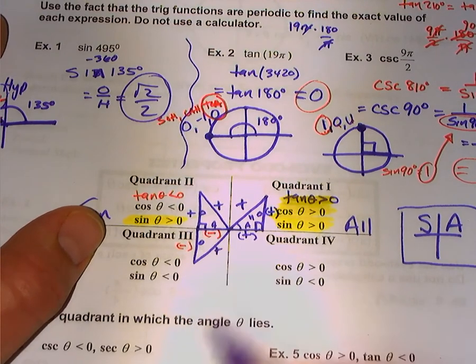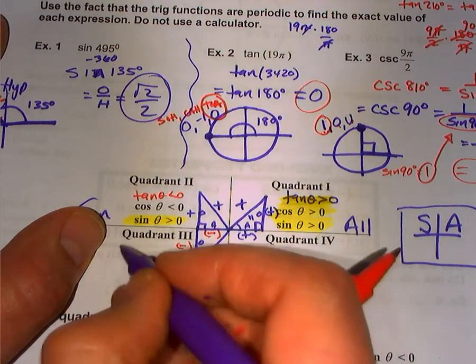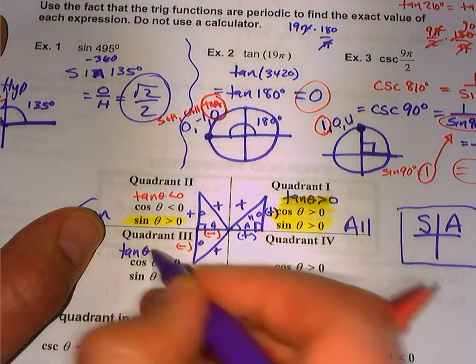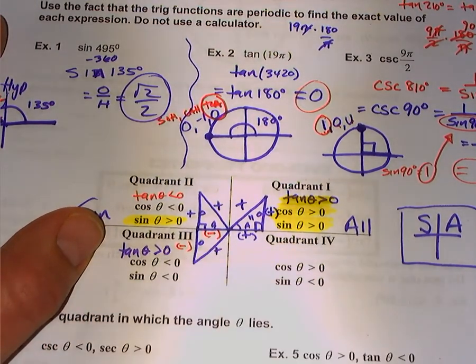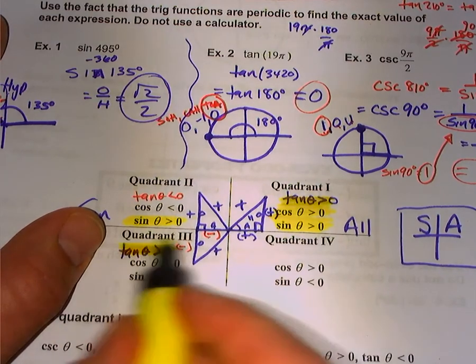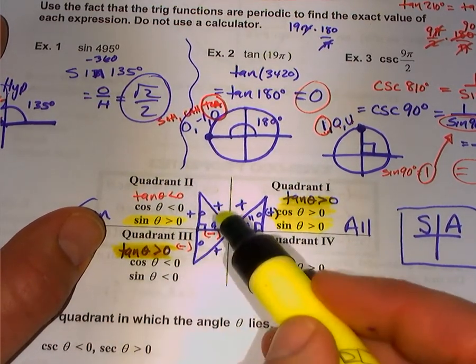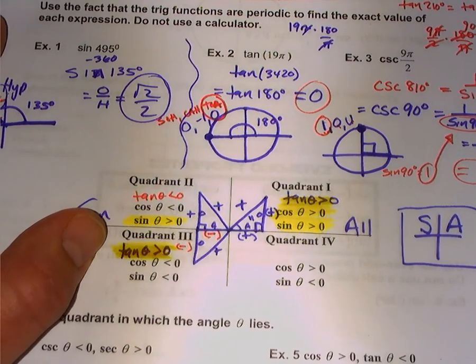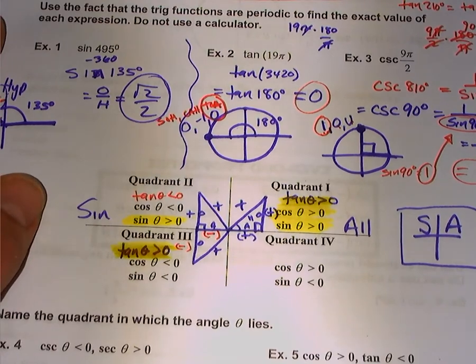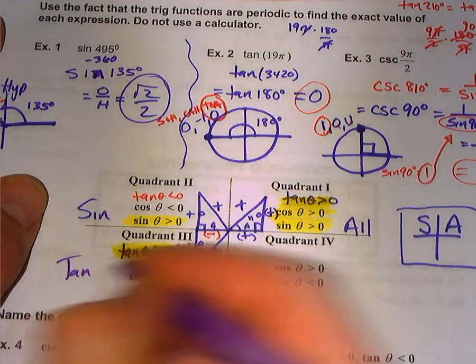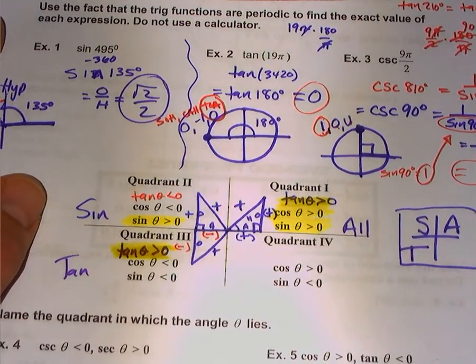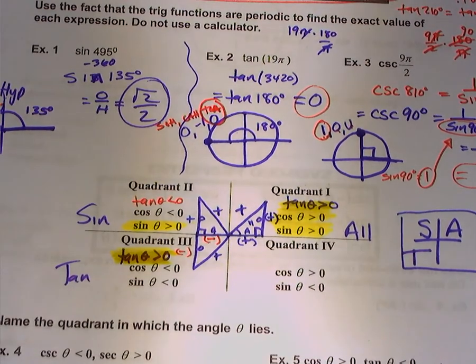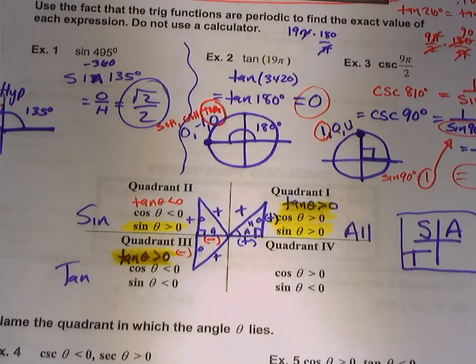A negative divided by a negative is a positive. So tangent, O over A, is the only positive trig function. Cosine's not positive because A over H is a negative over a positive, and sine, O over H, is also a negative over a positive. So tangent is the only positive one, and sine and cosine are negative.